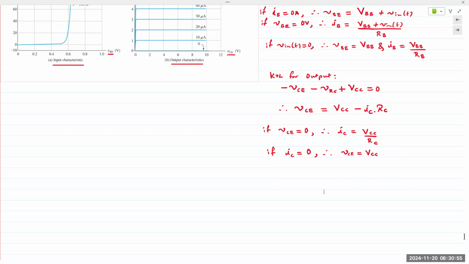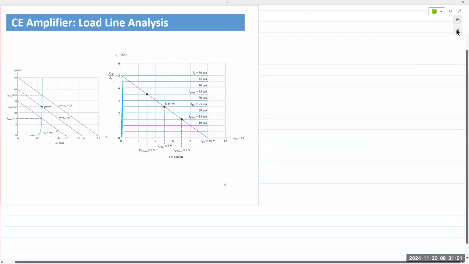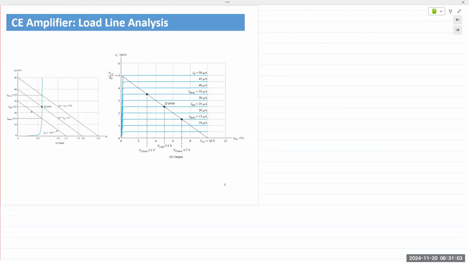Okay, so now we have our load lines. We go ahead and plot those. If you plot it on the input, actually, we don't yet have a load line, sorry. Need to do one more calculation. So in this example, we are given some values.